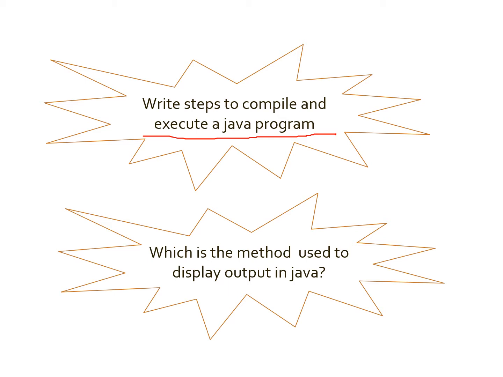Now why these questions? Because before we discuss the fundamentals and the examples of applet, we should be able to compare general Java program and applets. So to differentiate, these two questions are important.